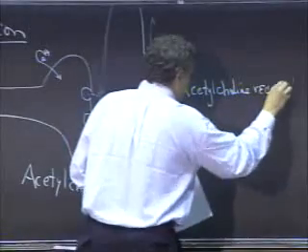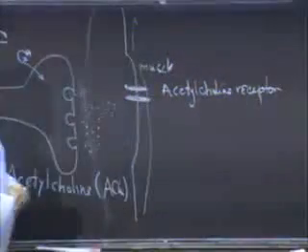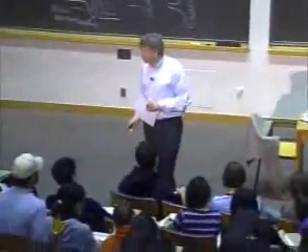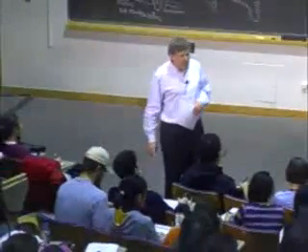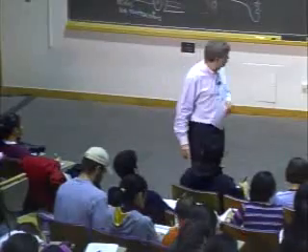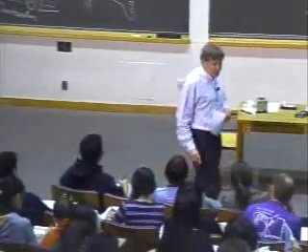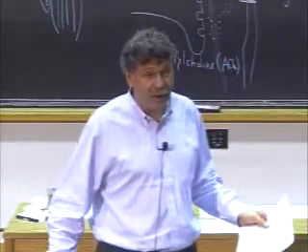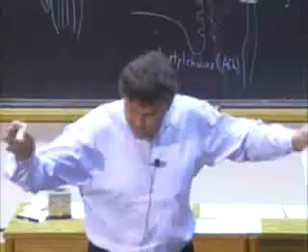The acetylcholine receptor happens to be an ion channel. But it's not a voltage-gated ion channel. It's not an ion channel that opens in response to voltage. It's an ion channel that opens in response to acetylcholine.